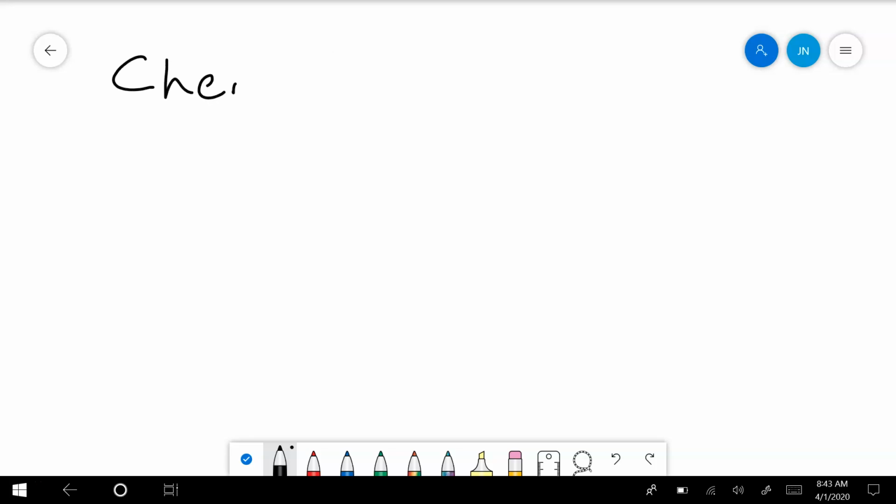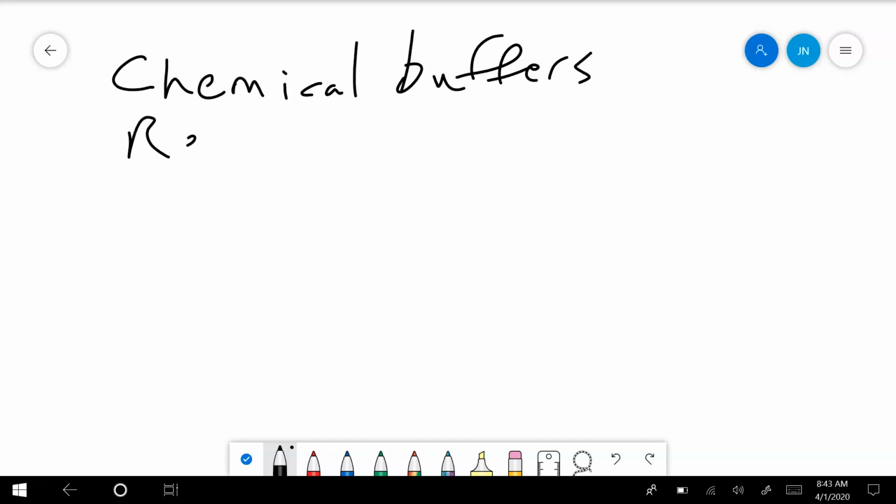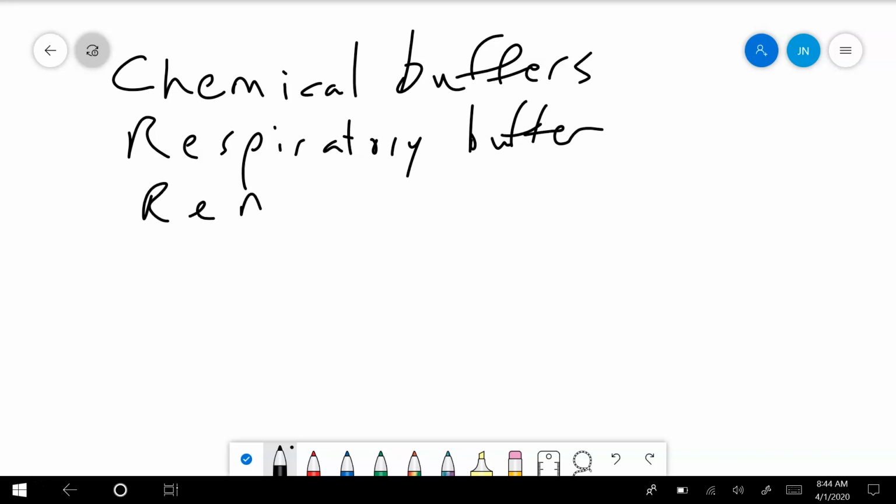In order, we have chemical buffers, the respiratory buffer, and finally the renal buffer. So this is an order, and this is also an order from weakest to strongest.